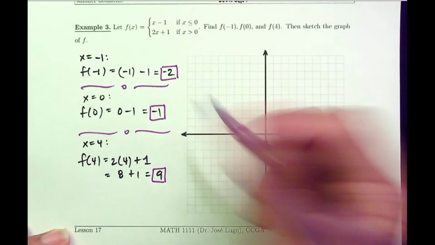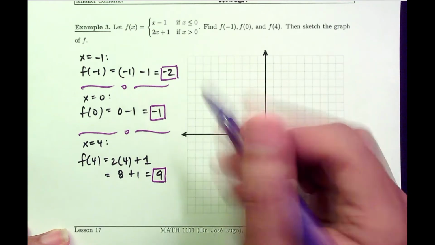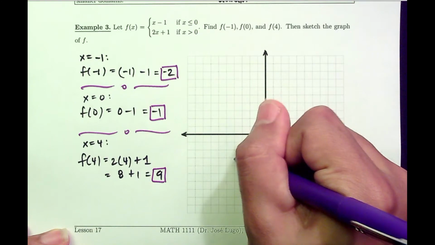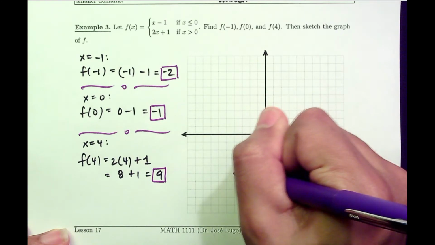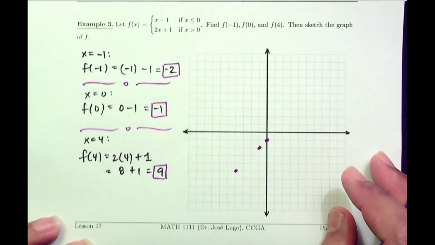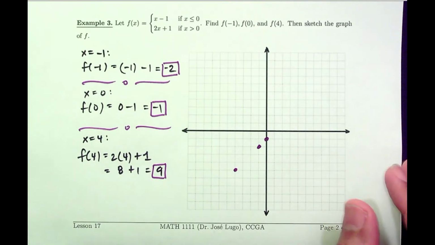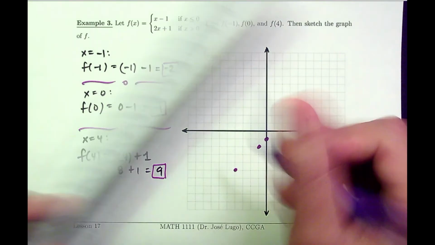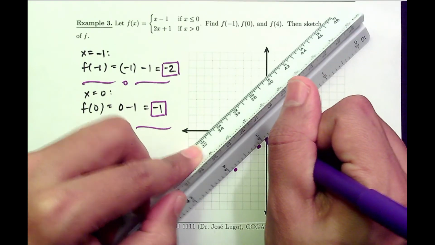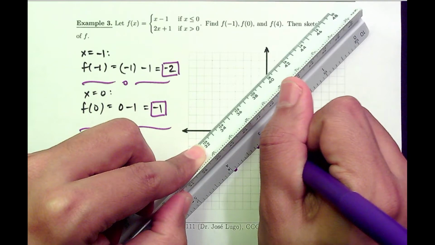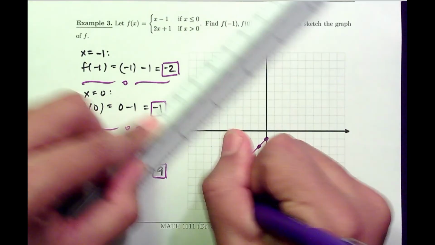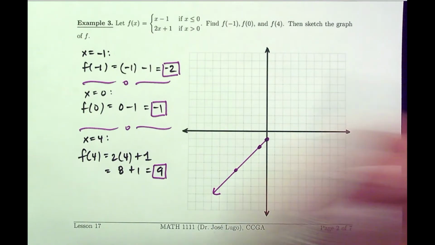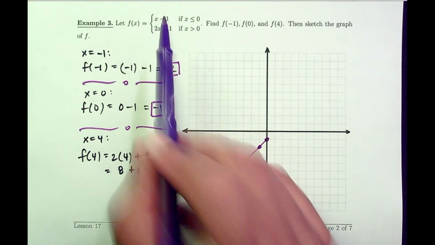Let's say you plug in -4. -4 minus 1 is -5. 1, 2, 3, 4, 5. You could have plugged in just another point. All right, then you connect those, and that's it. That's the graph of the upper piece. It's this line right there. It goes on forever. So that's the graph of the top piece.